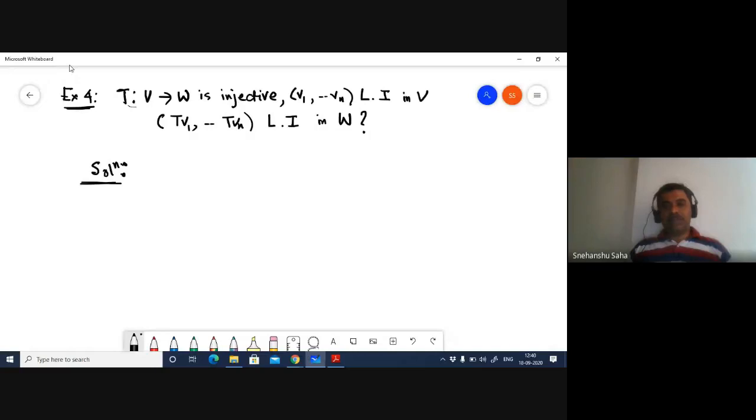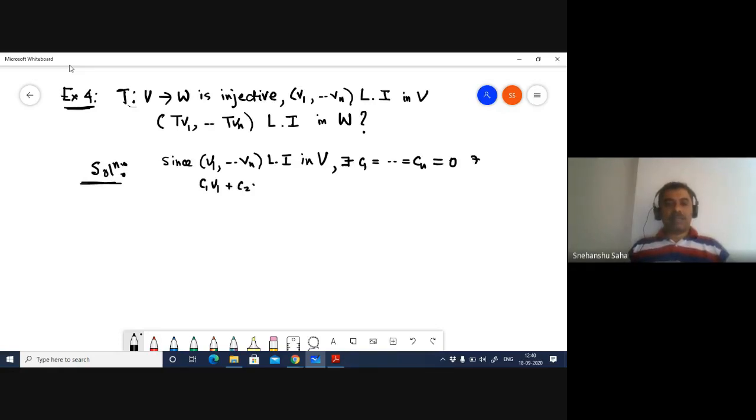Now, since V1 through Vn is linearly independent in V, what we know is that if there exist scalars C1 through Cn such that C1 V1 plus C2 V2 plus Cn Vn equals 0, then all the scalars are identically zero.